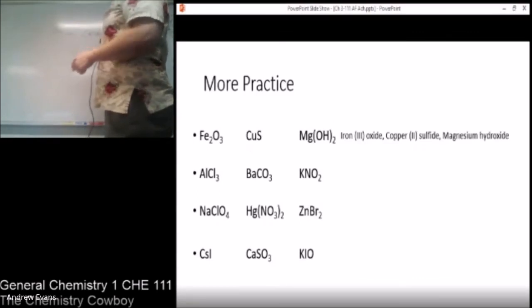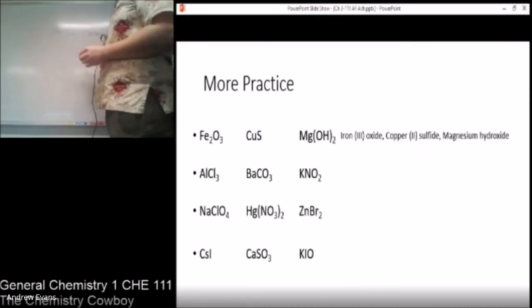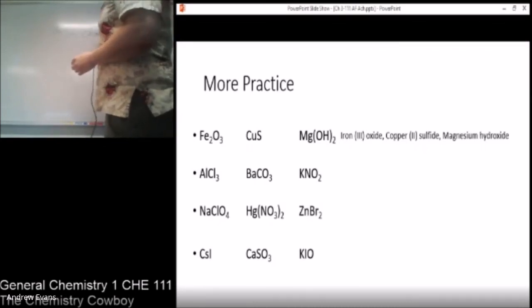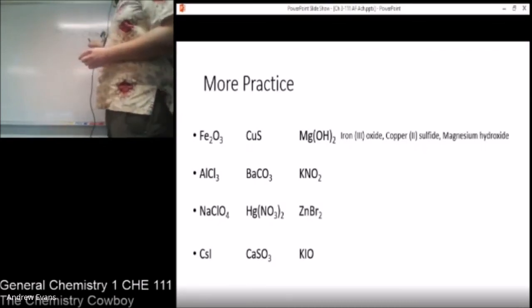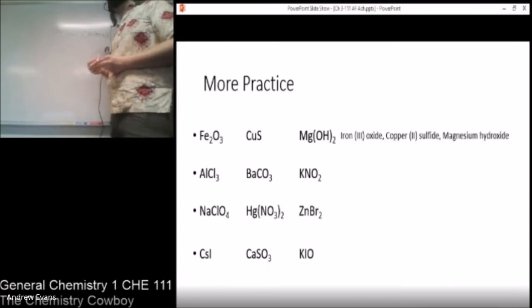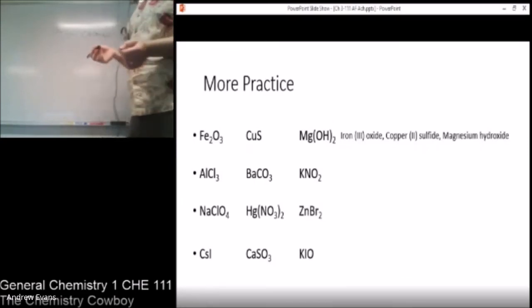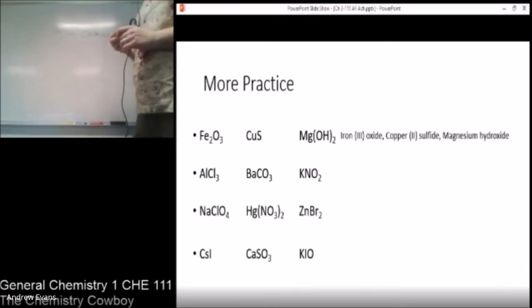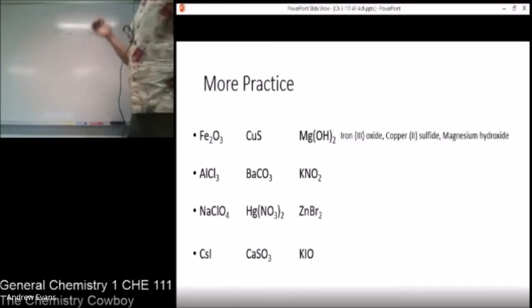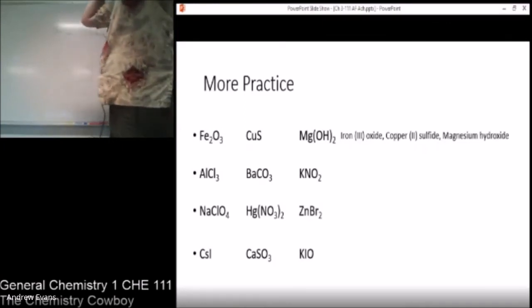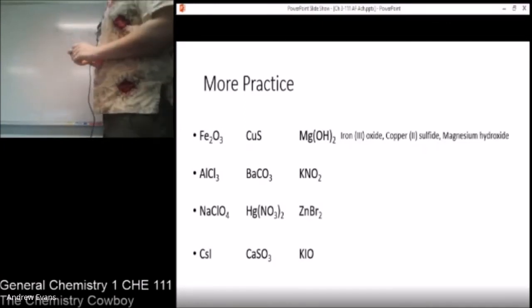Group 3 has a maximum of 3 oxygens. So the max is the ATE ending. So barium carbonate. In all actuality, we don't have a carbonite. So unfortunately, we can't freeze Han Solo and store him away and send him to Jabba. There's no carbonite that we have, at least that exists.